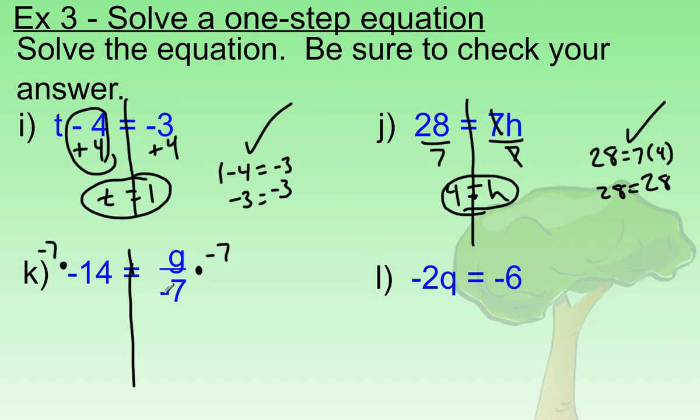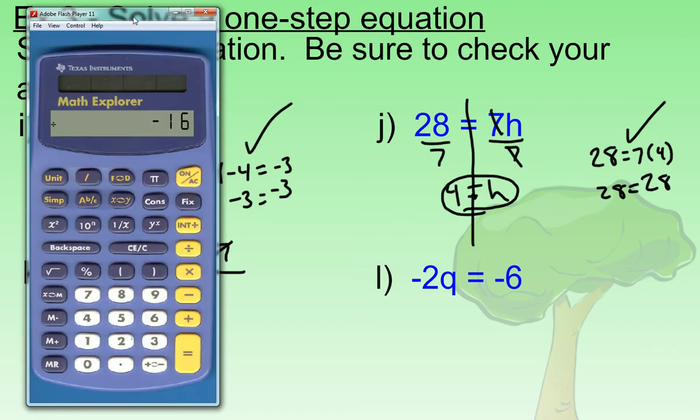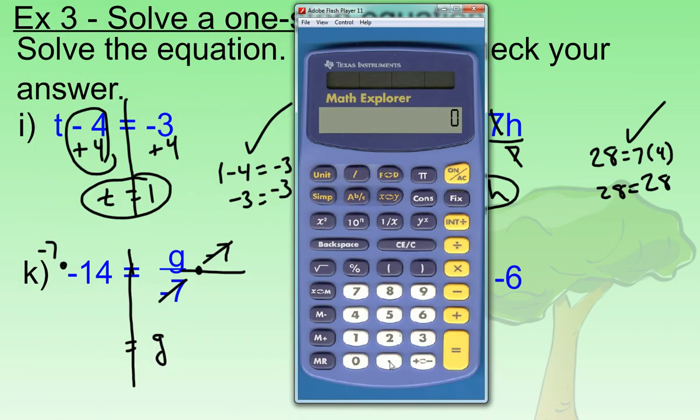A negative divided by a negative is a positive. So when I take -7 divided by -7, they both cancel to give me a positive 1g, and that 1 is not needed. Over here, -7 times -14, I don't know all that off the top of my head, so let's see. 7 negative times 14 negative equals 98.